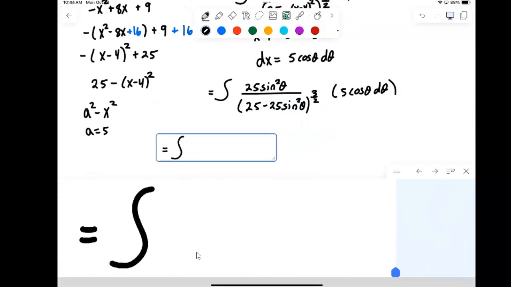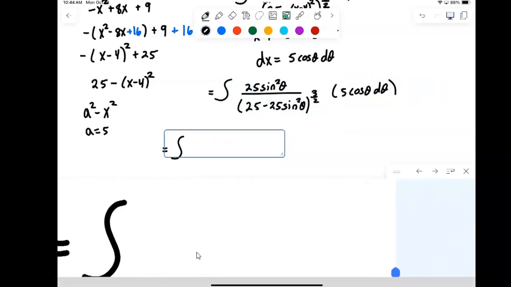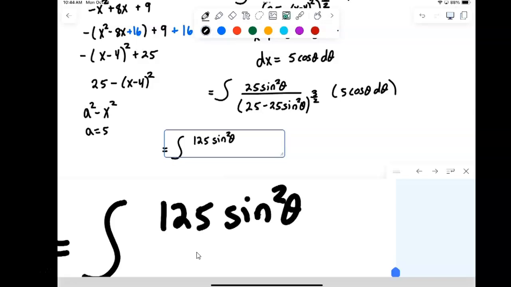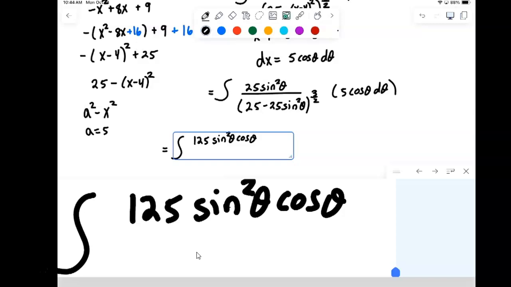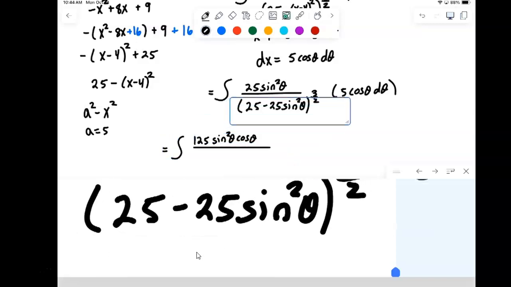On top, I'm just going to, for the moment, put the 5 up there with the 25. That'll give me 125 sine squared theta cosine theta on top. And on the bottom here, we're going to factor out the 25.